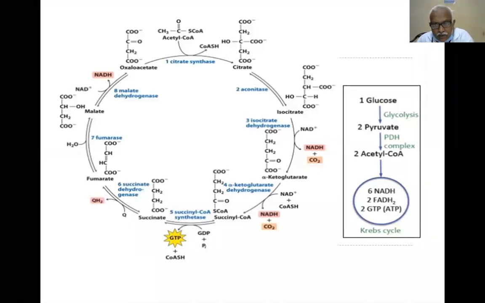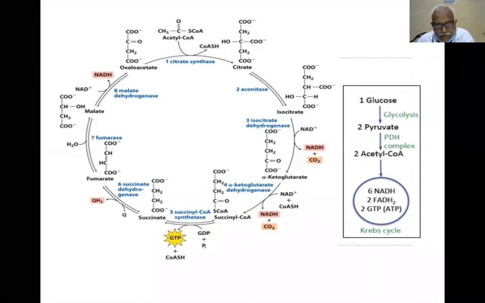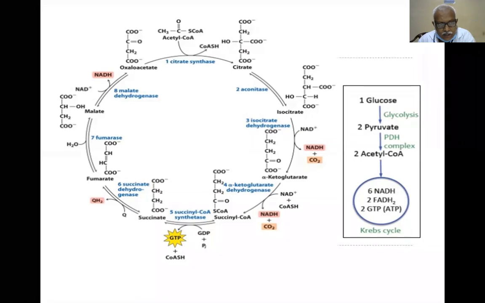Then alpha-ketoglutarate will be converted into Succinyl-CoA by the action of alpha-ketoglutarate dehydrogenase, and Succinyl-CoA will be converted into Succinate, and 1 GTP is formed from GDP. The enzyme is Succinyl-CoA synthetase.